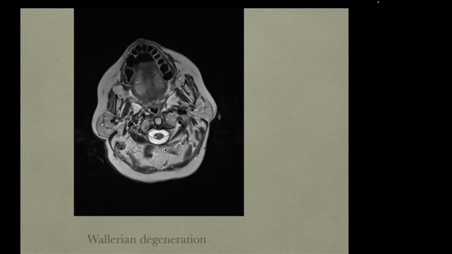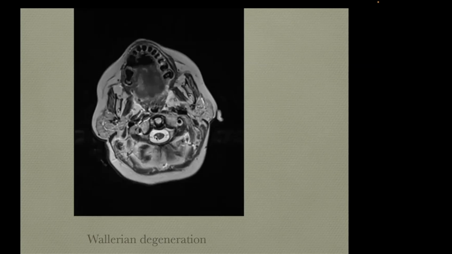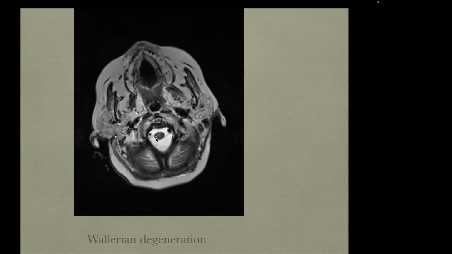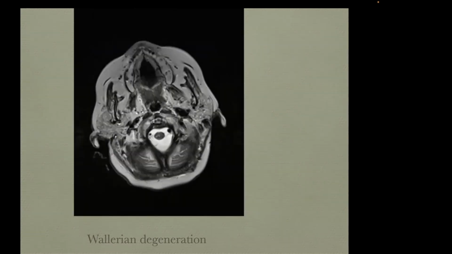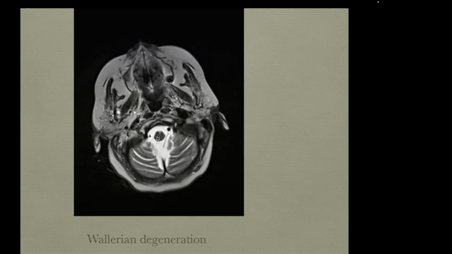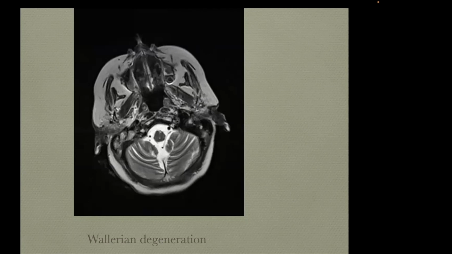As we move cephalad, here we see again Wallerian degeneration here in the corticospinal tracts in the cord. When we get to the medulla, let's go back here. You see this little transverse segment here. Now we're moving to the left side in the pyramid.